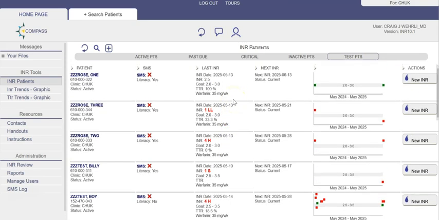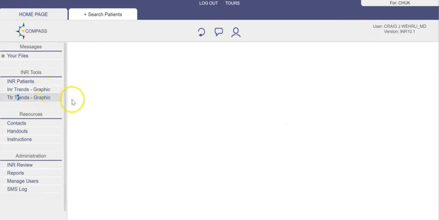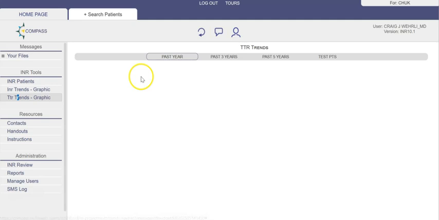TTR has another benefit. The TTR allows us to calculate general statistics for a given coagulation clinic. So in this case, we're in the CHUK clinic.